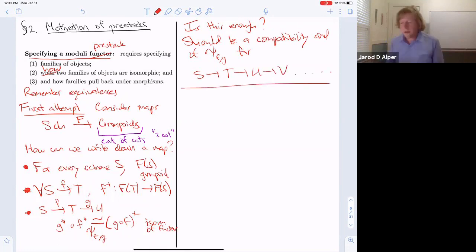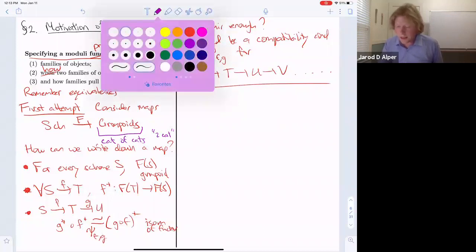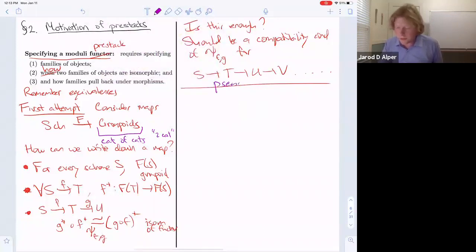But I'm not going to spell it out. I'm not formally introducing a definition here, I'm just trying to motivate a concept. Really, what this leads to is a notion of a lax or a pseudo functor, or I think lax two functor. But I did want to point that out.